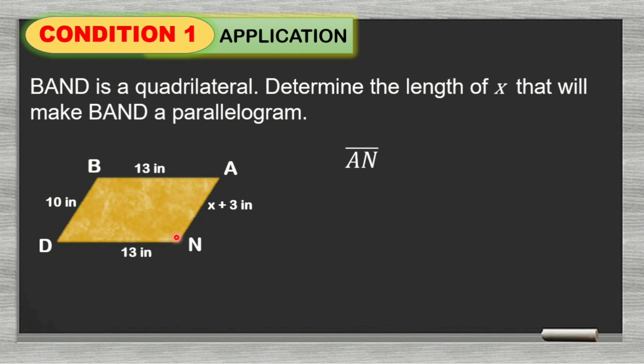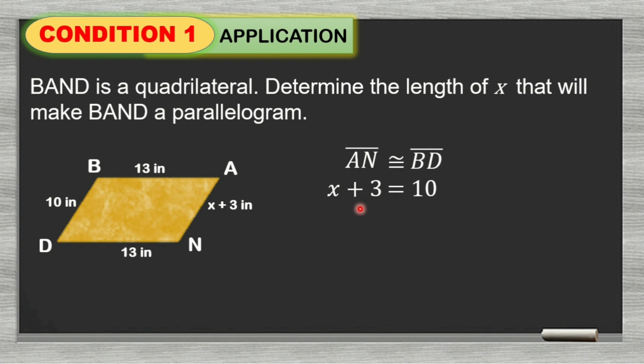So, AN is congruent to its opposite side, which is BD. Then next, substitution. So X plus 3, and then yung given measurement ng side BD, which is 10 inches, is equal to 10.